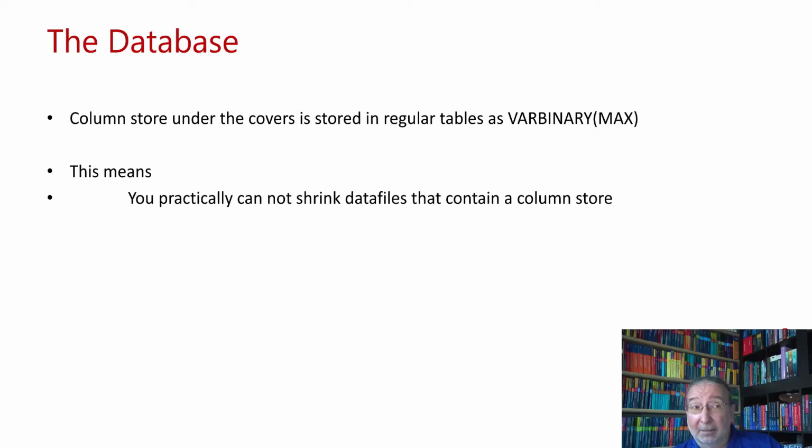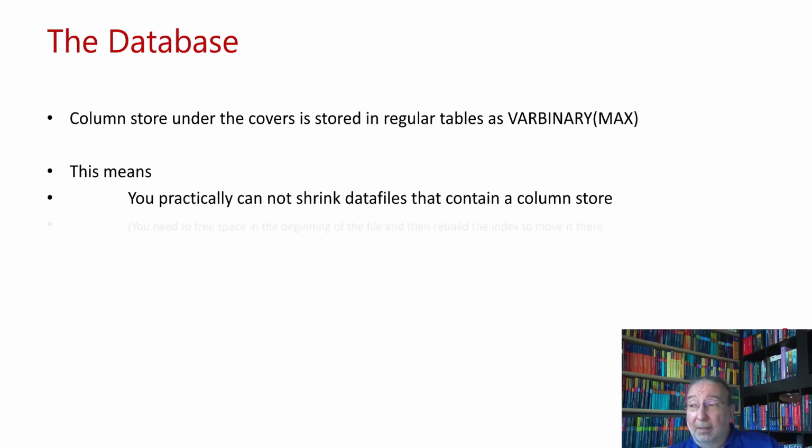You can theoretically shrink it, but for every page that needs to be moved to make the shrink possible, SQL Server, if I'm correct, has to do a full scan of the whole table. And again, we're talking about a table that is built for billions of rows. So if every time you move one data page that contains this data you have to read billions of rows, that doesn't work well.